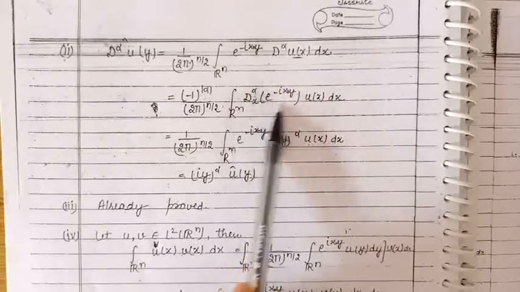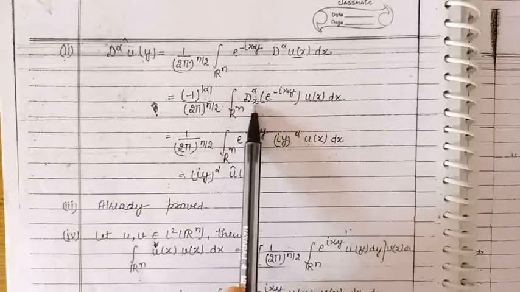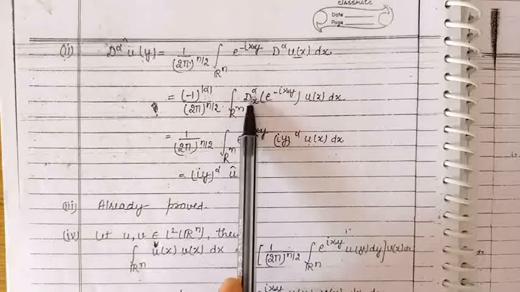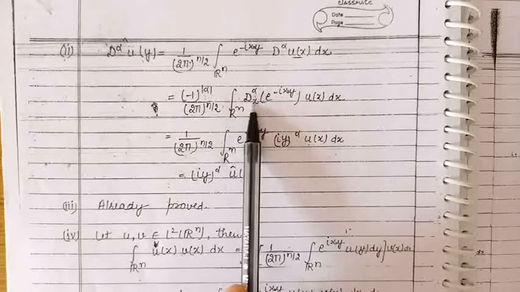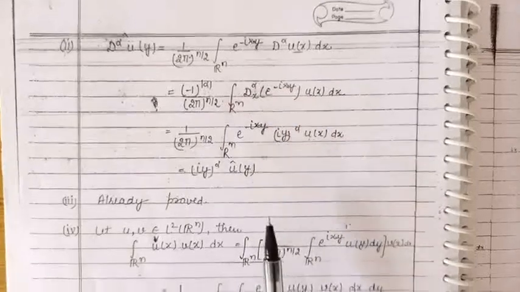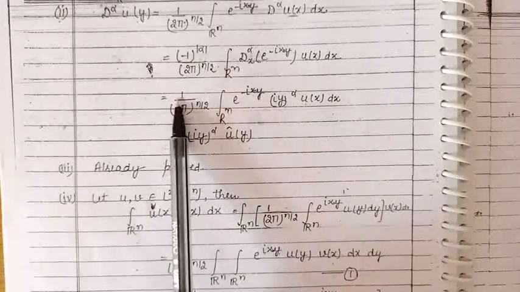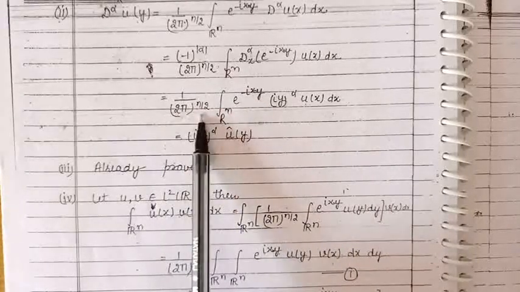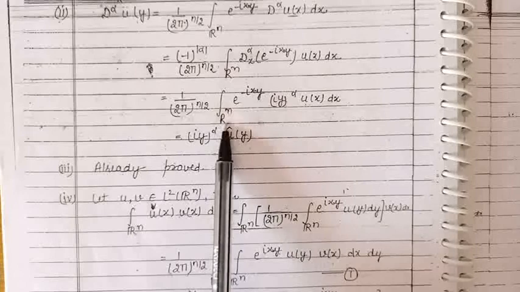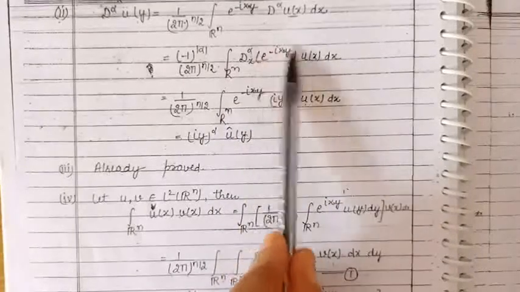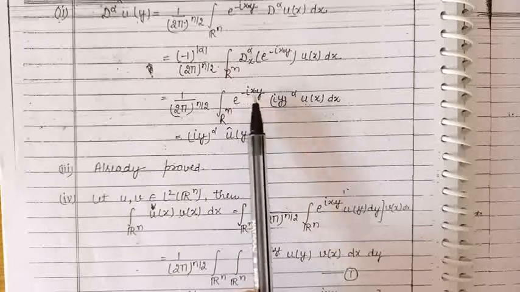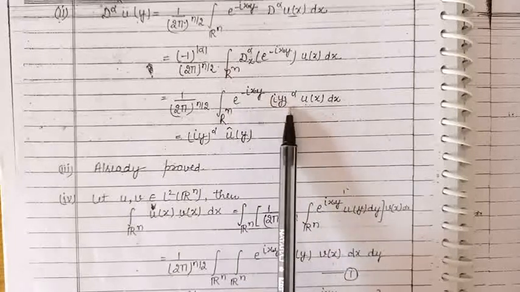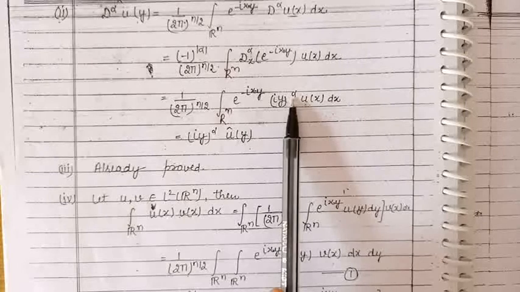This partial derivative of this expression is with respect to x. So we have denoted x in the base to show that this partial derivative is with respect to x. Now, this can further be written as 1 upon (2π)^(n/2) integral over Rn. Simplifying this term, this will become e raised to the power minus iota x dot y into (iota y) whole raised to the power α.